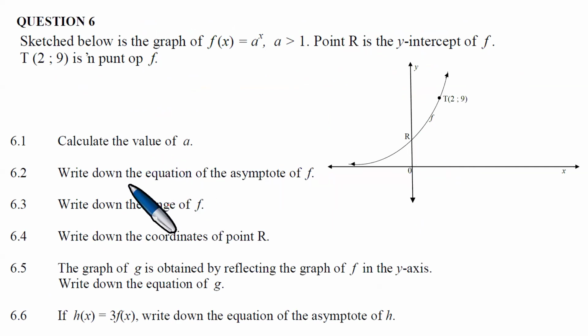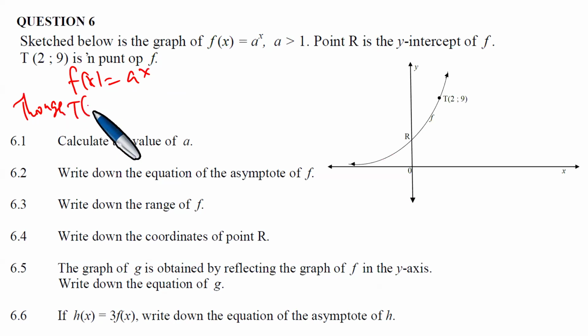Right, to find the value of a, there are a couple of things that you need to consider. You have the function f of x, which is a to the power x, but this function itself passes through the two points, which means you have x and y, which means y is 9, a to the power x is 2.